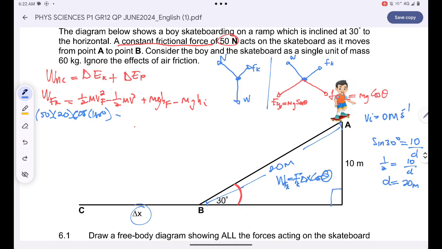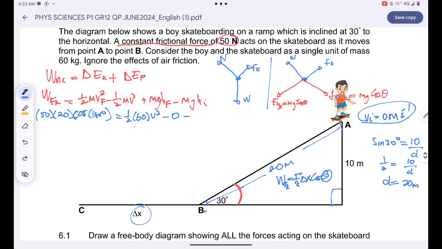This is equal to half mv squared. The mass of both the skateboard and the boy is 60, v squared, minus, initially the boy was at rest, or stationary. So the velocity initially was 0 meters per second, and hence the entire kinetic energy will be equal to 0 joules.